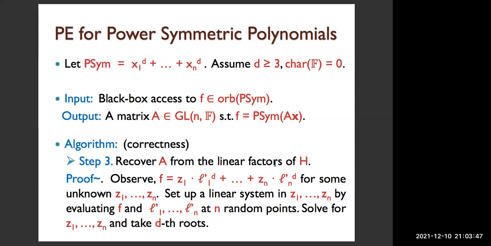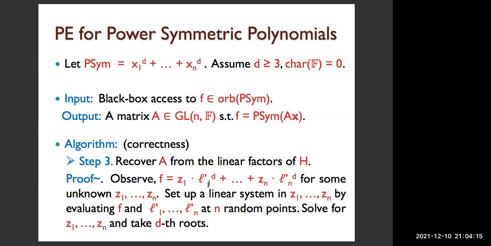So I just have to find the Zs, right? I do this by solving a linear system, pretending that the Zs are the variables, Z1 through Zn. I evaluate the linear forms L1 prime to Ln prime at n random points, and I also evaluate F at those corresponding random points, and this will give me a linear system in just the Z variables. And then I solve that linear system.